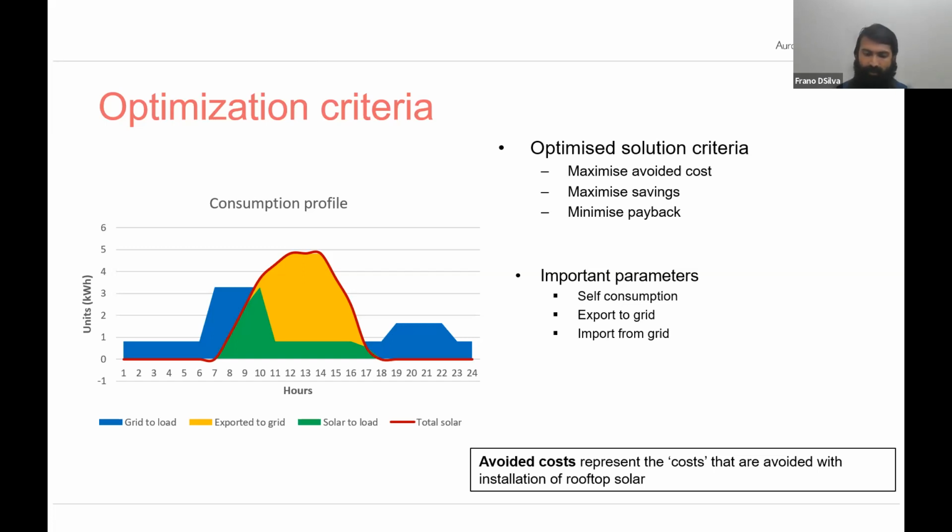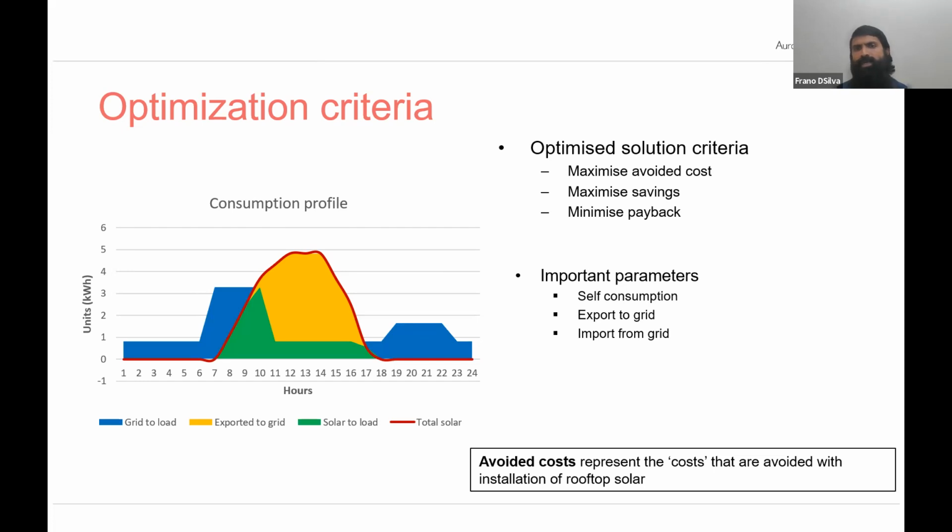For now, we have the database set for Tamil Nadu, and hence only the policy details and regulations for Tamil Nadu are applicable in the tool at the moment. With the optimization criteria, the aim of the optimization is to maximize our avoided costs, maximize our savings, and minimize the payback period for our investment.